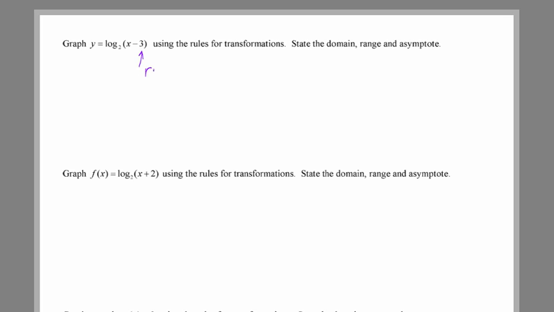Since it's a minus 3, it's going to go to the right 3. That means I'm going to have a vertical asymptote over here at 3. That answers the asymptote question.